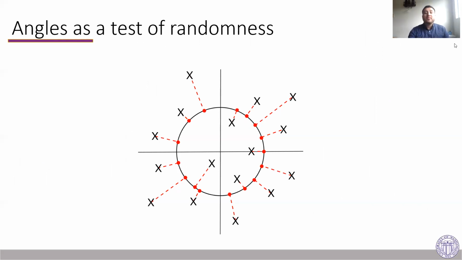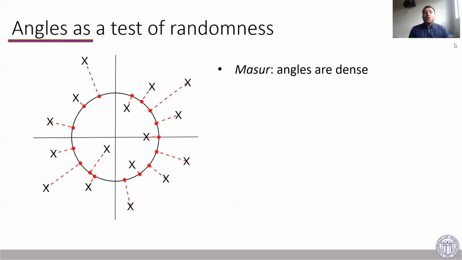The first result in this direction was given by Mazur, who showed that angles are dense for any translation surface. This picture should have more red in it than black, but I've only drawn a few of the saddle connections, and if I draw more and more of them, they're going to fill up the circle densely. So there are no forbidden angles. We're seeing everything on the unit circle.